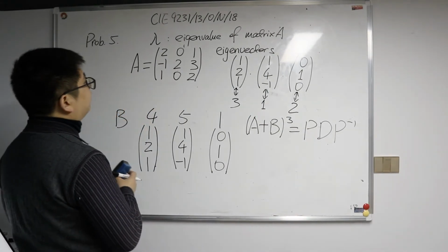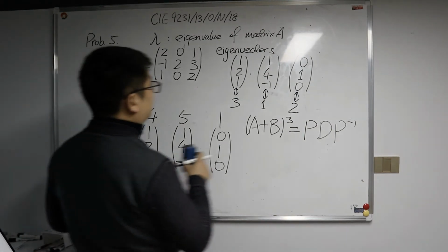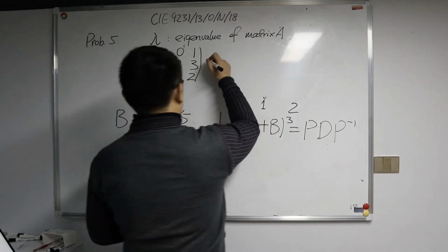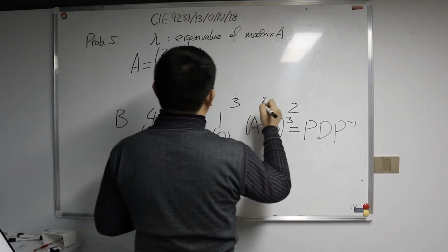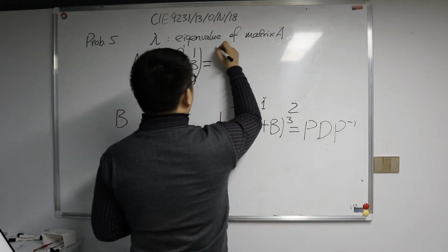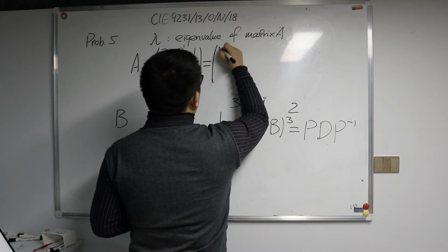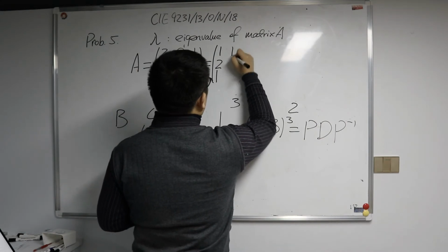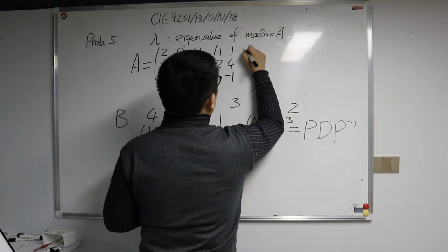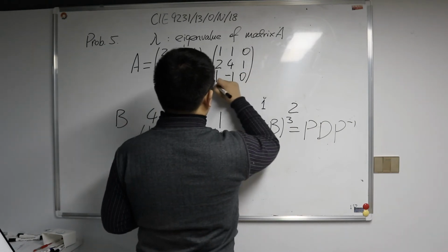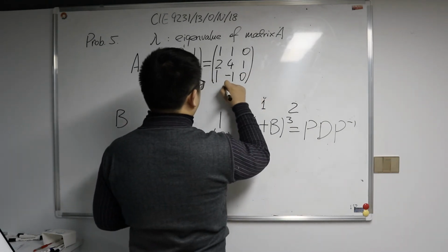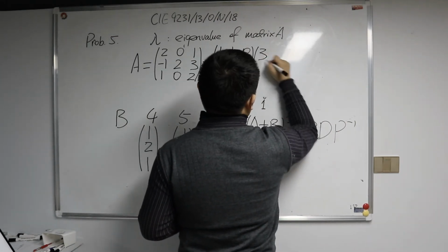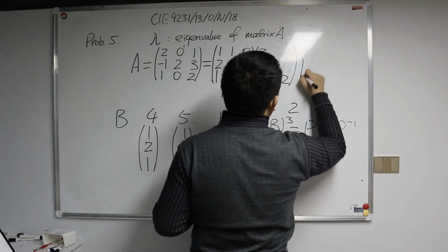So now we know that we simply put these three eigenvectors together side by side so that they form a matrix, and then we name it P. This is P, and then A is P times a diagonal matrix, something like this.